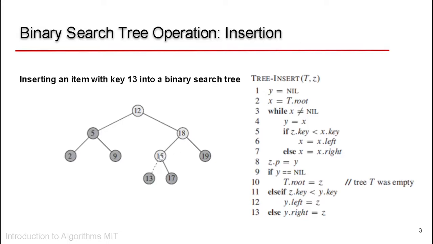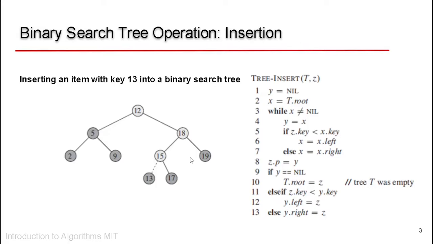Then we go to the left, and left is null. So we break and go out of the while, and then start assigning the p of z, which is the parent of z. The parent of 13 will be equal to 15, and then we decide that this is a left child for 15.